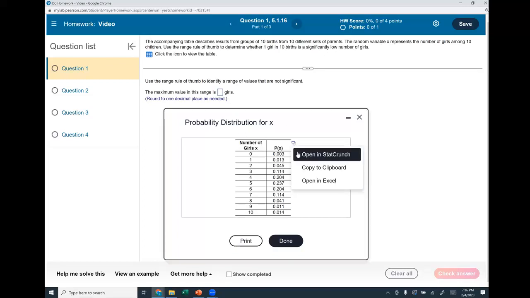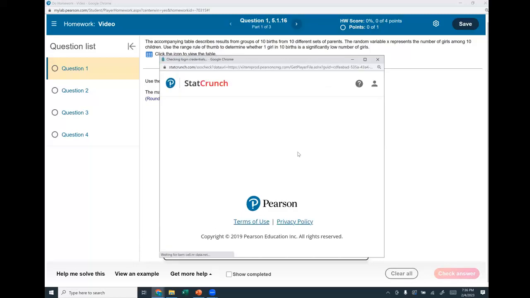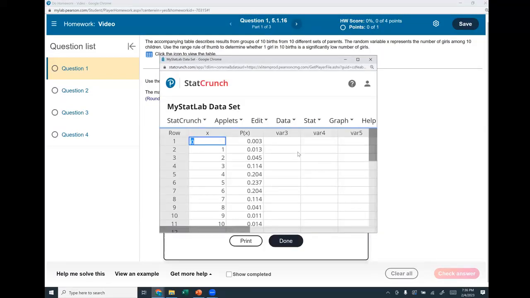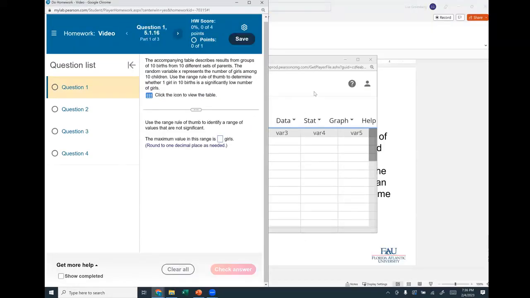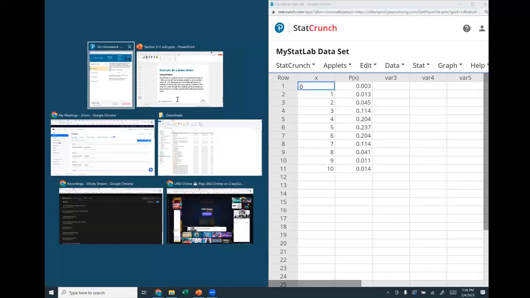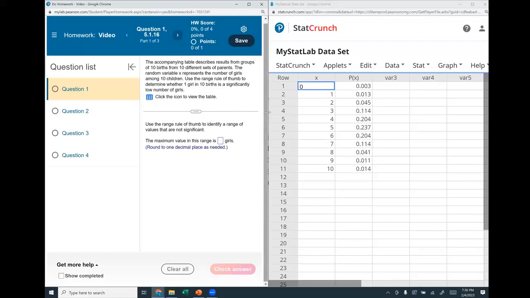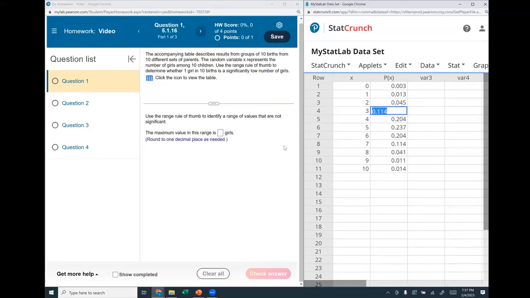So first we're going to go into StatCrunch. And there's our probabilities. And what I'm going to do is put these side by side. All right, so what's the first thing I want to do?